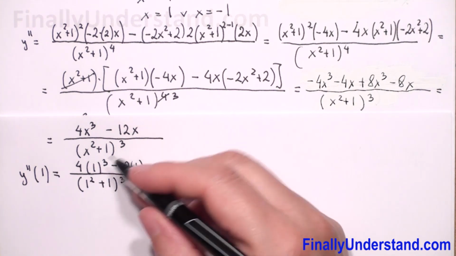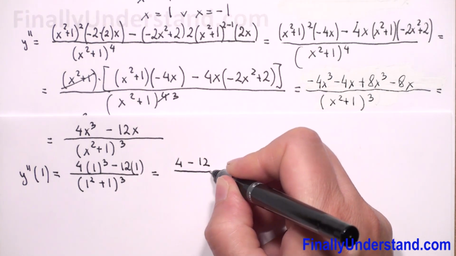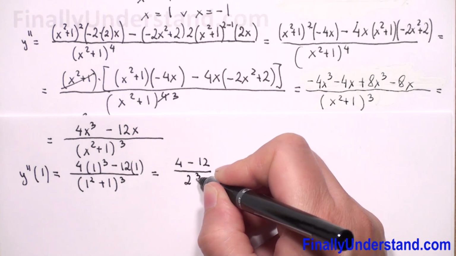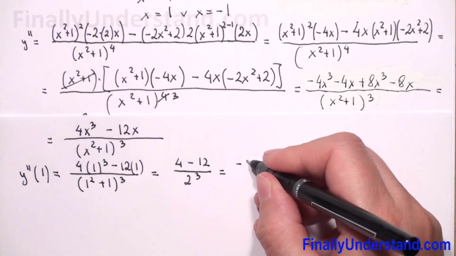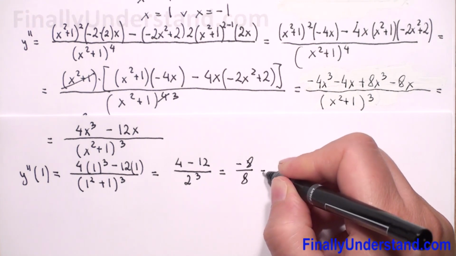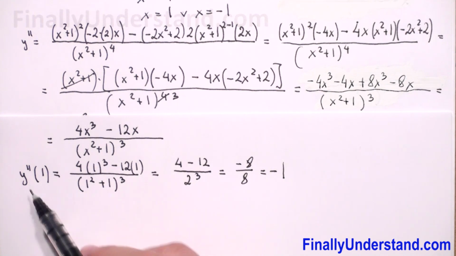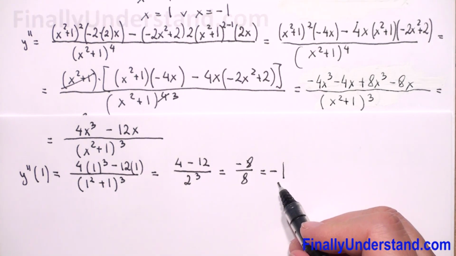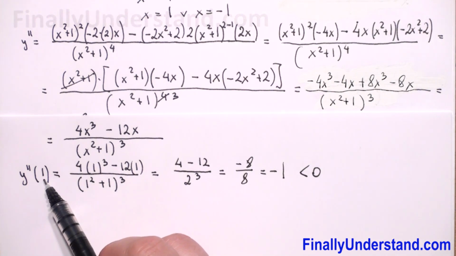This is equal to 4 minus 12 over 2 to the third power. So 4 minus 12 is negative 8, over 8, is equal to negative 1. Because the second derivative has a negative value, it means for x equals 1 we will have a maximum.